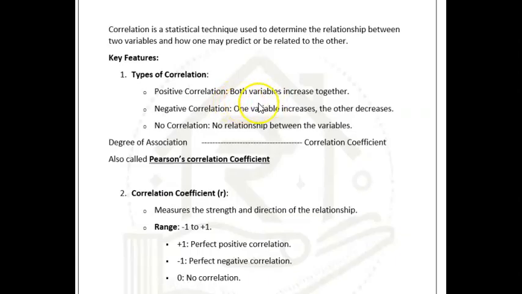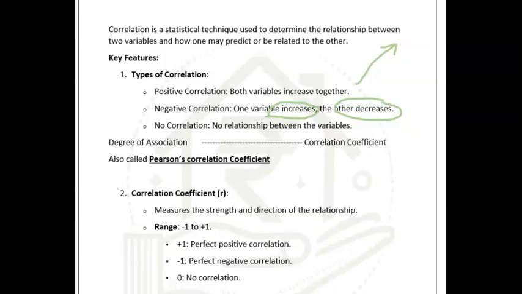In positive correlation, both variables increase together. In negative correlation, one variable increases and the other decreases. No correlation, no relationship between the variables.